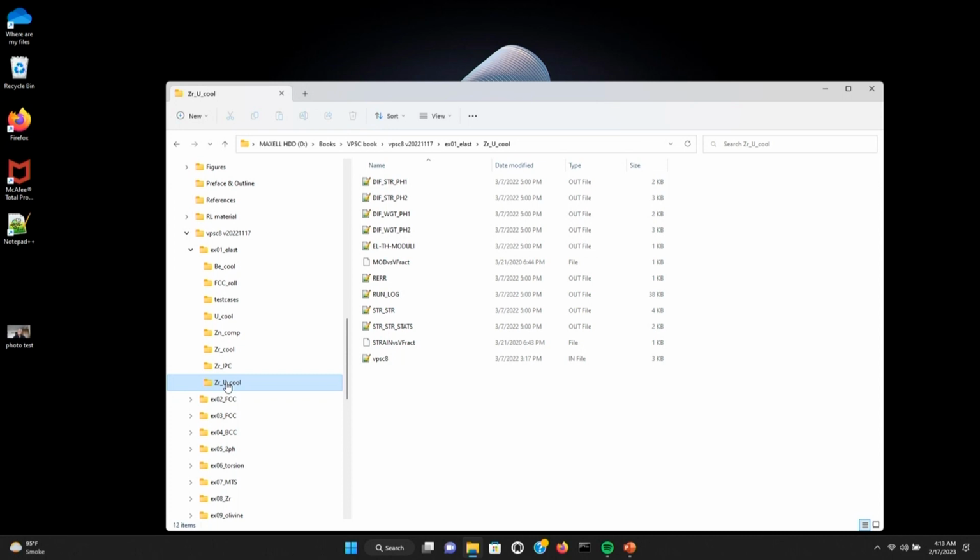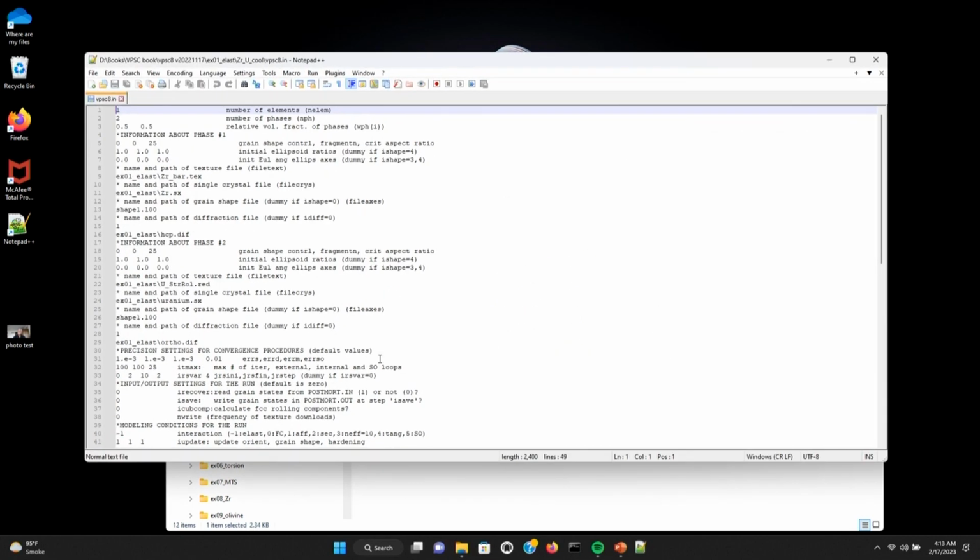I have one where I put a mixture of zirconium and uranium just to show how the thermoelastic behavior is. So in this case there are two phases now, and each of them has 0.5 relative volume fraction. So I read all the parameters for phase one, and then see there is also information about phase two.